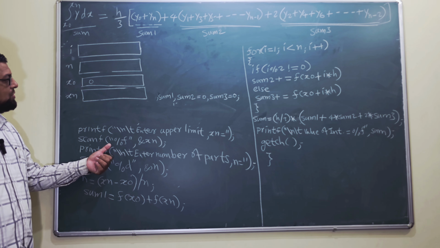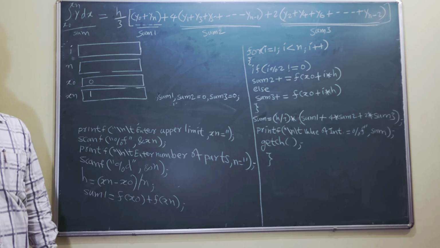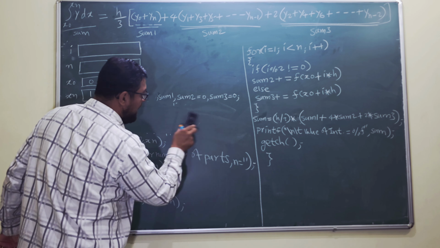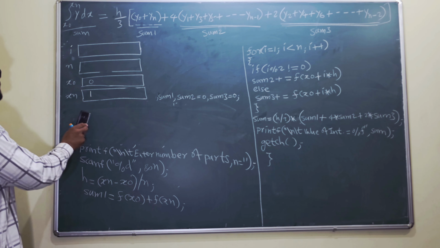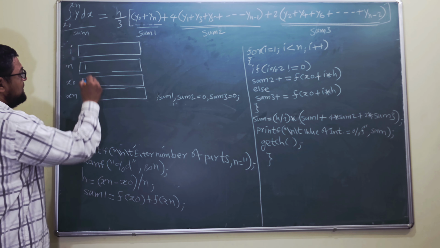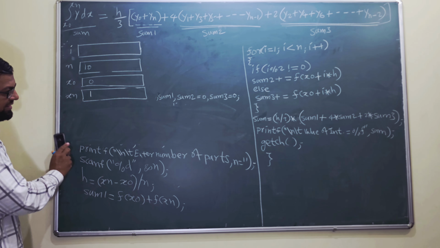If we enter 1 through the keyboard, then this variable value becomes 1. Then we have small n, say we give 10, so this will be stored as 10 by the printf scanf statements.